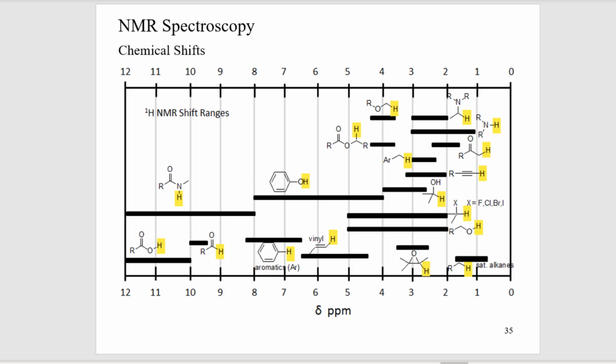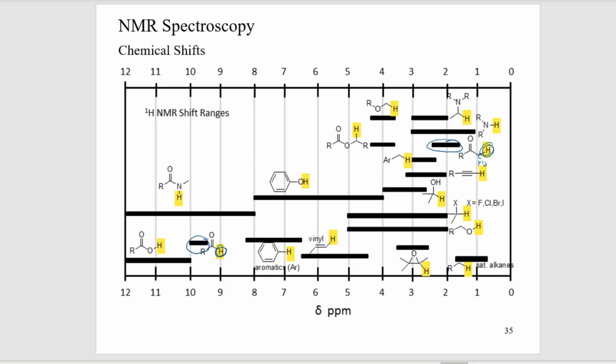Take a look at, say, a hydrogen right here that's on a CH2 next to a carbonyl, as opposed to a hydrogen right on a carbonyl. Look at the difference between them. This range is what you're looking at for that hydrogen. So a hydrogen on a carbon next to a carbonyl versus a hydrogen on a carbonyl.